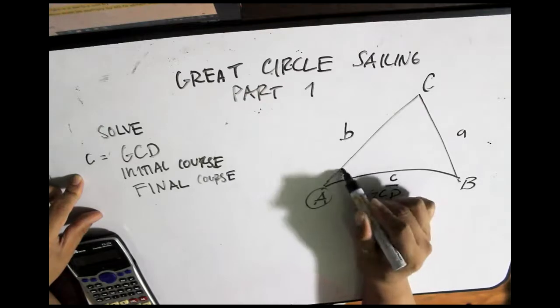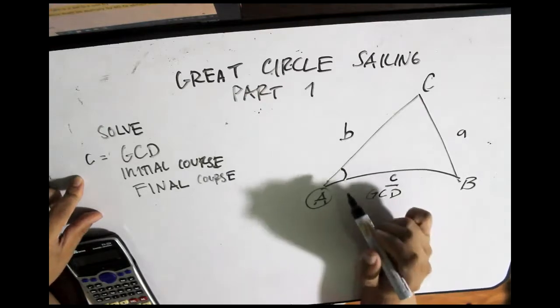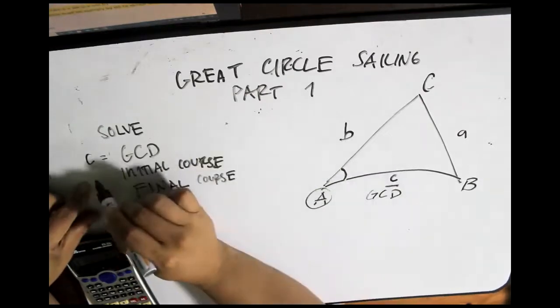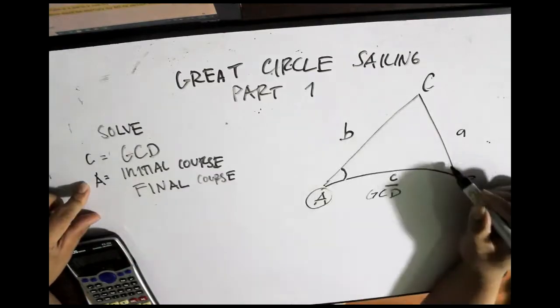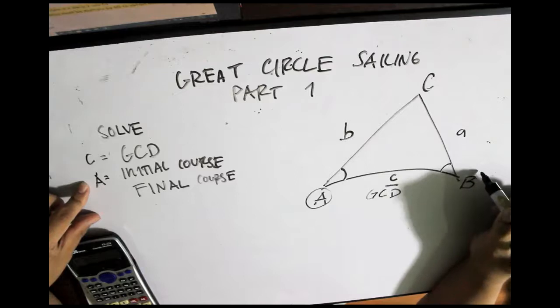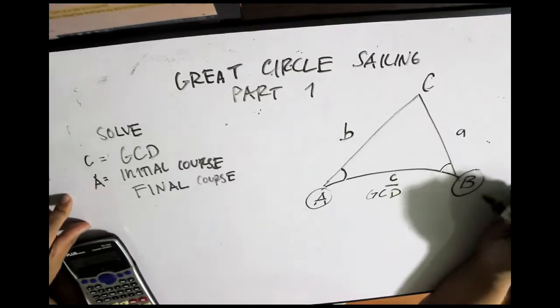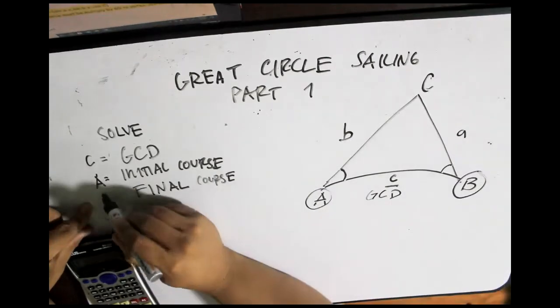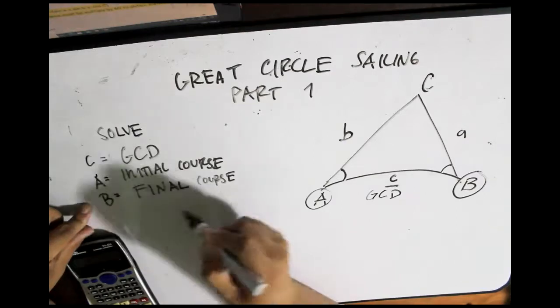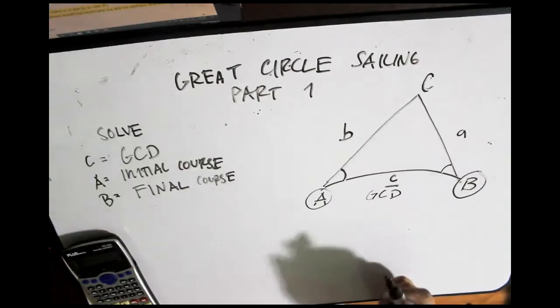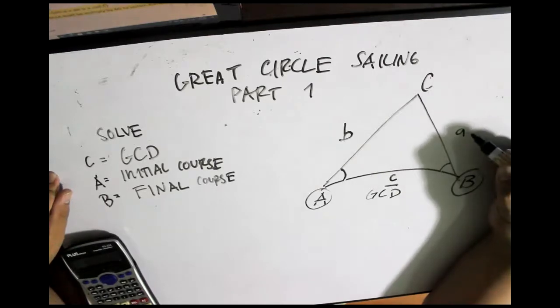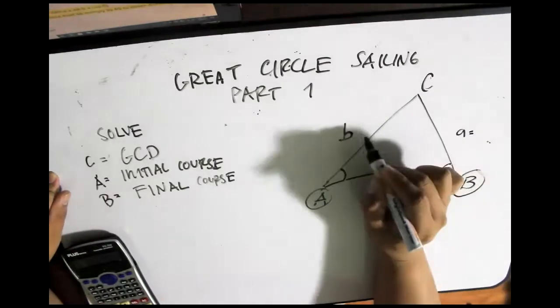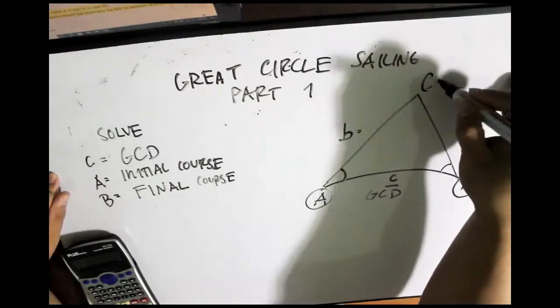That would be your initial course. And for this one, yung B na to, okay, capital B, this would be your final course. Now, what is this A na to? And this B, also this one na C.